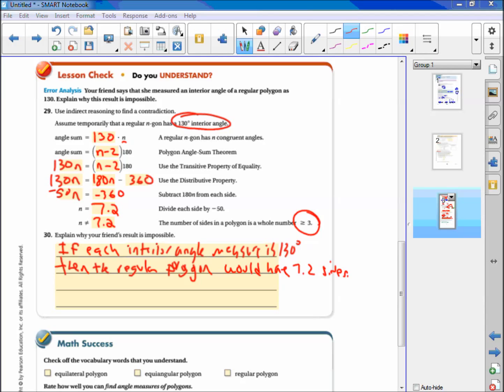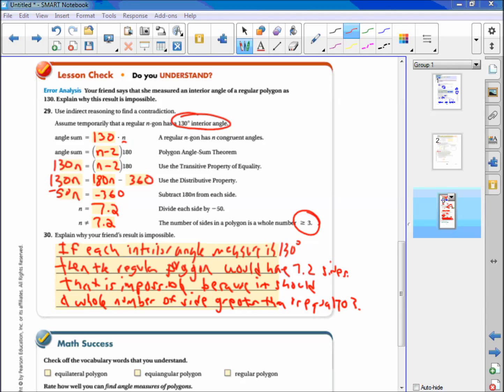Okay, but that is impossible, because it should have a whole number of sides greater than or equal to 3. So you can't have 0.2 of a side of a polygon.